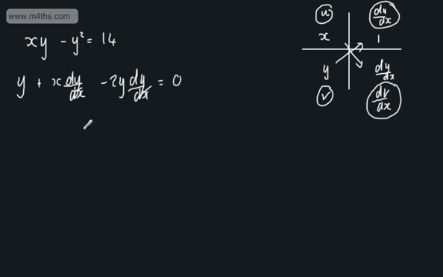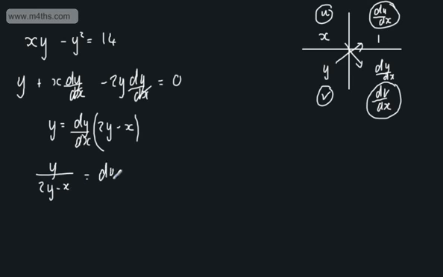So at this stage now I can make dy by dx the subject, and I can say that y will be equal to dy by dx, and I'm going to have 2y minus x. So 2y minus x, and if I wanted to write dy by dx in terms of x and y, I could write this as now y over 2y minus x is equal to dy by dx. So I now have my derivative dy by dx in terms of x and y.